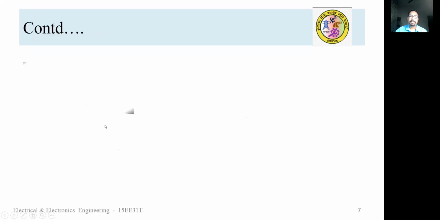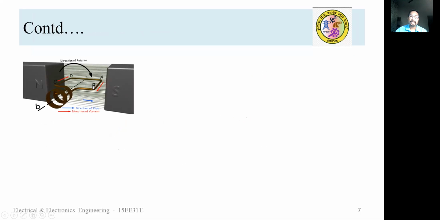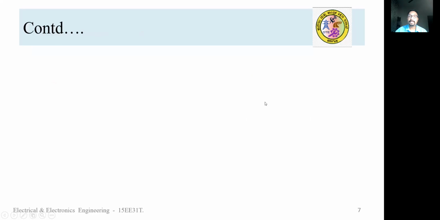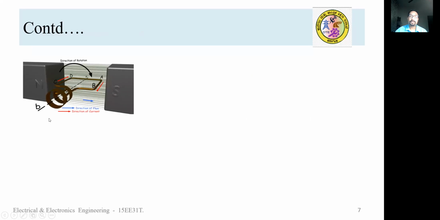Now coming to this diagram, the coil has rotated through an angle of 90 degrees in clockwise direction from the 0 degree position. The coil side AB comes opposite to the pole S, whereas the coil side CD is under the influence of the N pole. The arrow mark indicates the direction of rotation.